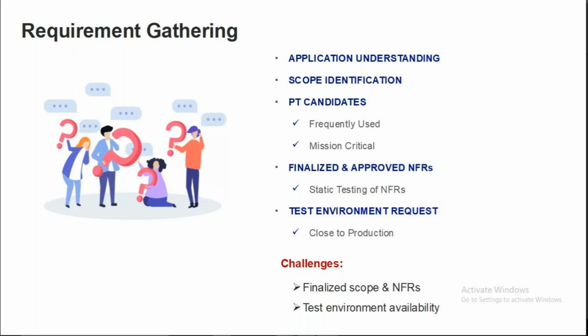Test environment availability. As I told you, the performance test environment should be close to production. Clear, all of you? But it is again a challenge to get a test environment close to production, because there is cost associated with it.